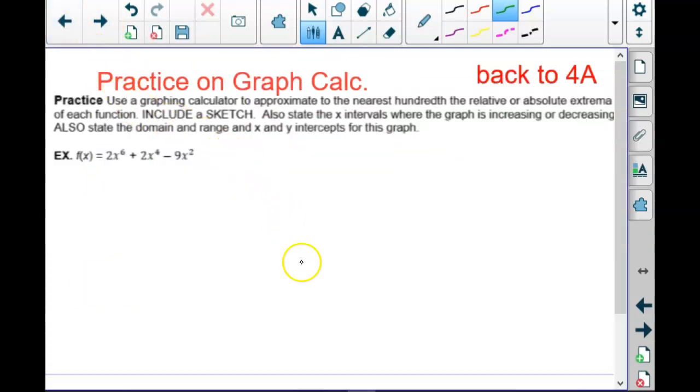Okay, so I want you to go back to the one we skipped. We are not going to do everything it asks for here. It asks for a lot of stuff. What I would like us to do, so let's graph this first of all.